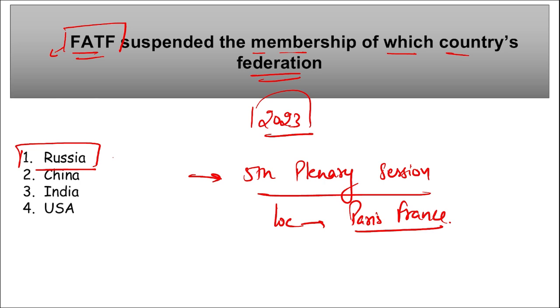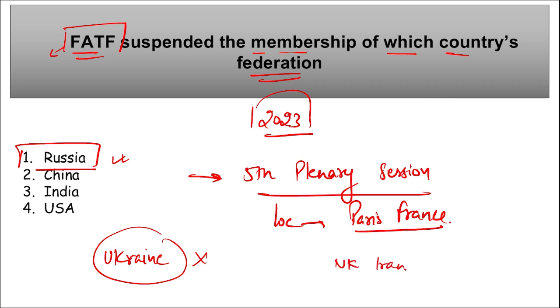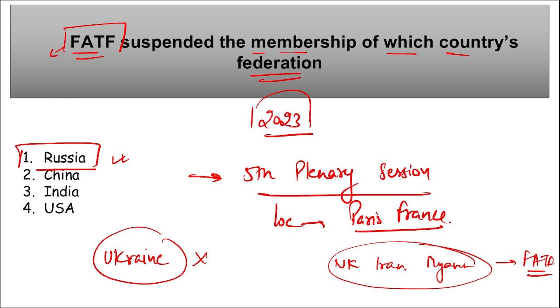Apart from this, remember we just saw that the Russian Federation was suspended by FATF in Feb 2023 last year. Ukraine is not a member of FATF, remember this also, right? And countries such as North Korea, Iran, Myanmar, these countries are blacklisted countries of FATF. Correct?